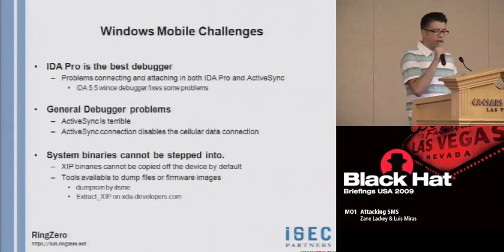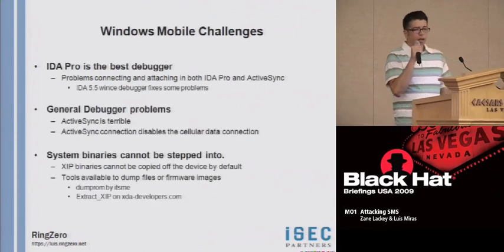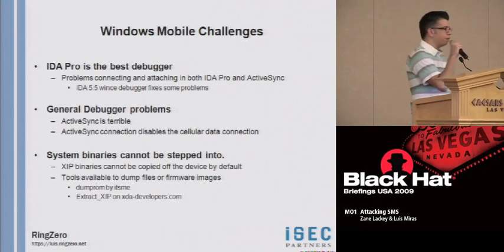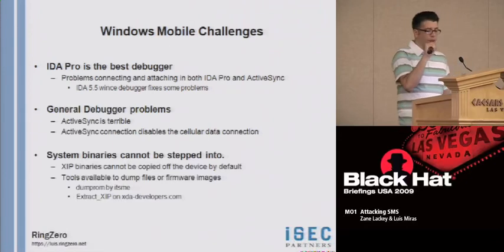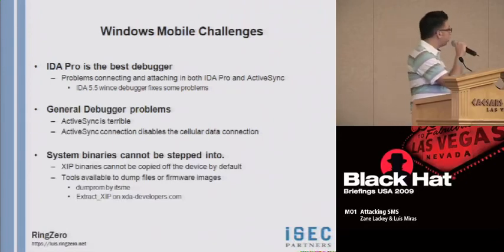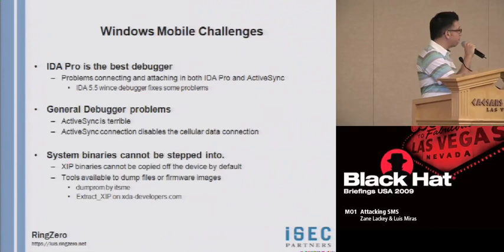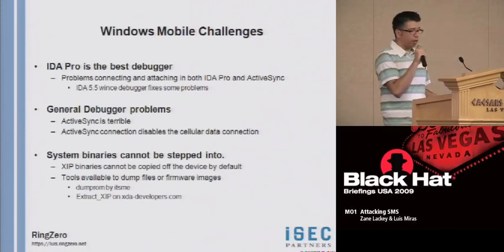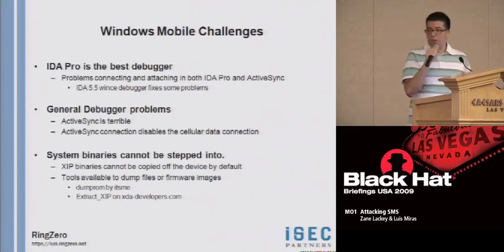So these were some of the challenges that we encountered for Windows Mobile. Pretty much you're at the mercy of ActiveSync if you're doing Windows Mobile. The debugging is pretty hard. The new version of IDA is actually really useful. They fixed a couple things that were wrong with it, so you can actually start to debug. There's some problems though.